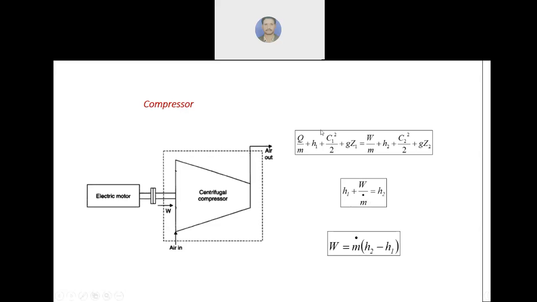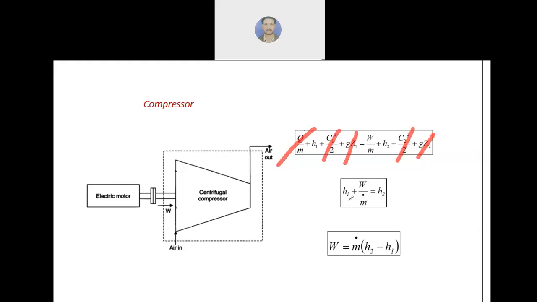Why? How? Let me tell you. See, first consider this. Now Z1, Z2 is not given, so neglect this. You can neglect velocity as well. We consider it adiabatic, insulated, so neglect this. Now you are left with H1, W by m and H2.